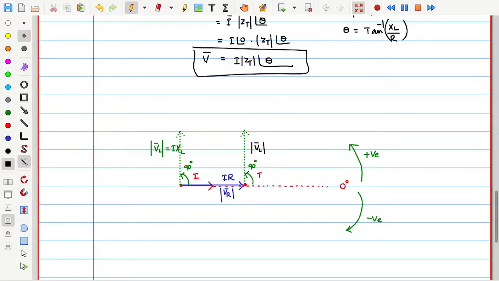VR plus VL is the total voltage, which is V. This is the total voltage V bar. How much is the total voltage magnitude? Tell me. I into mod ZT. So the magnitude of this is equal to I into mod ZT. How much is the angle of this? Theta, positive. So the angle made by this is theta. So this is the phasor diagram representing all voltages and currents of this series RL circuit.